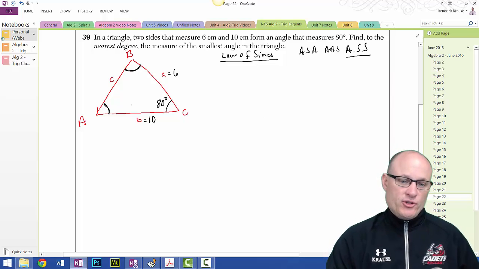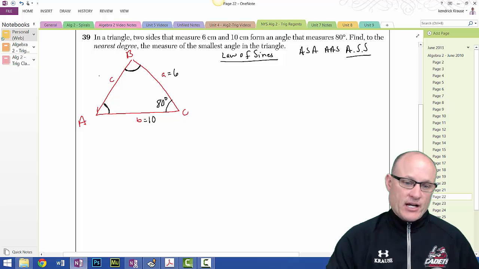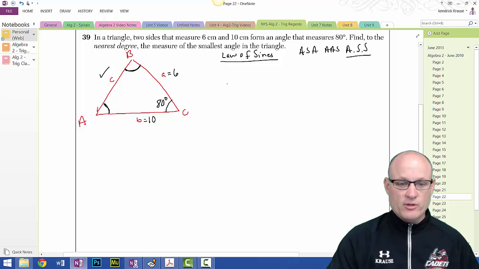So what I'm going to do is try to find out what C is. That's my first goal. C squared, and since C squared is at the beginning, the law of cosines says cosine C has to go here. And then A and B just go in the other direction.